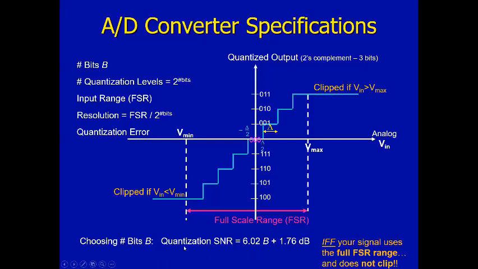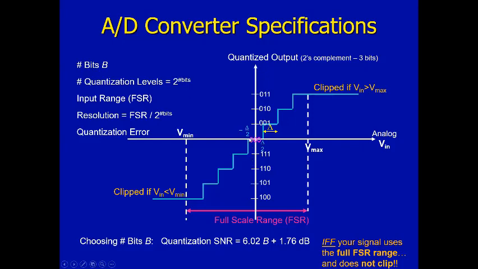Now, the analysis that underlies this has a couple of assumptions, including that you're using pretty much this whole full-scale range with your signal. If you've designed your A to D and the front end preamplifiers and filters and everything so that you're only using a little part of this range, then you're not going to get this signal to noise ratio because you don't have much signal.